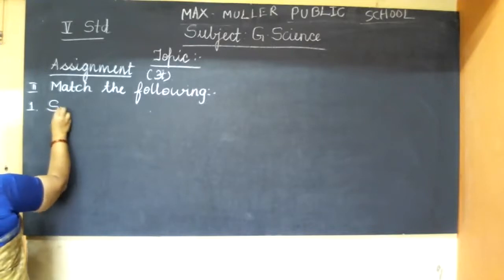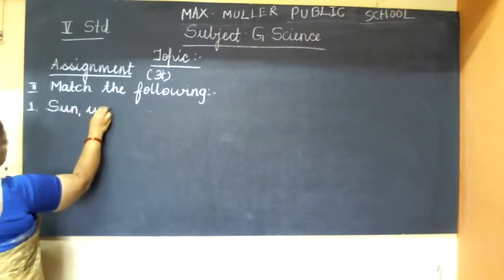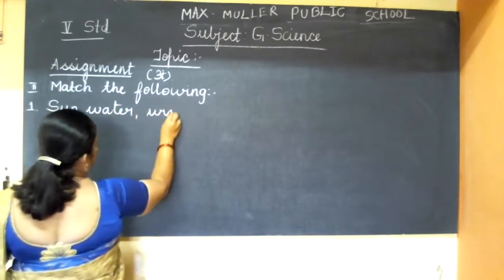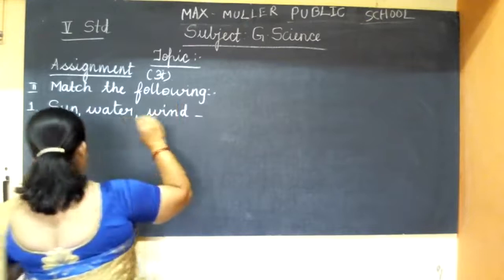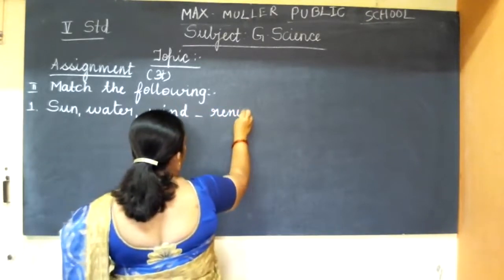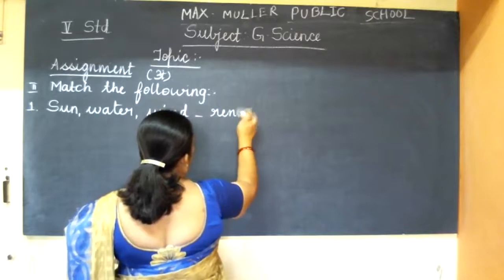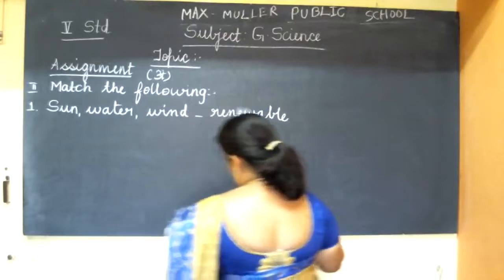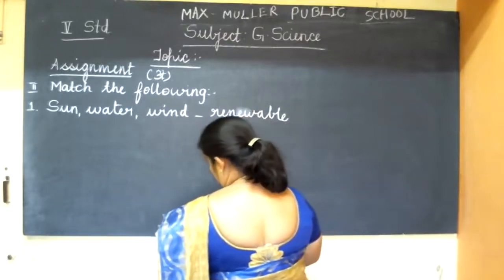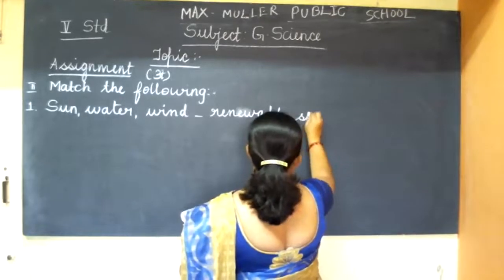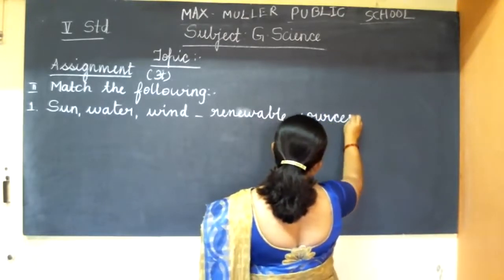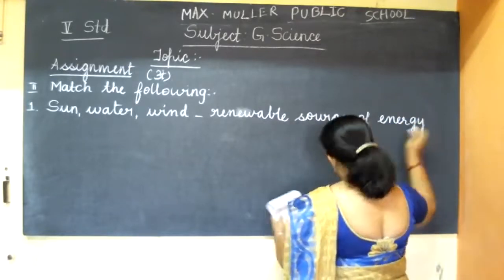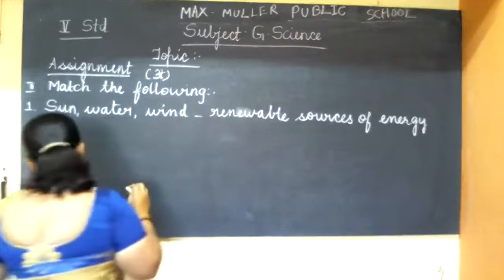First, sun, water, wind. So they are renewable sources of energy. Renewable sources of energy. Okay.